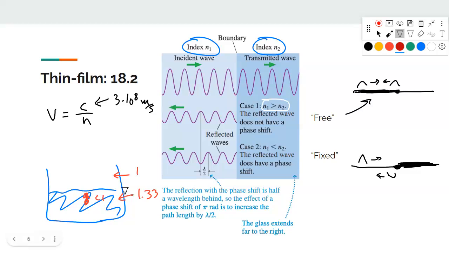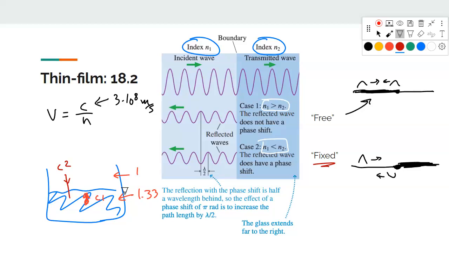However, if we had our flashlight and we shined it down into the water, we would be going from a low index to a high index. And so that's case 2. Case 2 is going from a low index to a high index. In that case, it acts like a fixed boundary, and we get a reflected pulse that does have a phase shift, and it's actually a phase shift of pi.